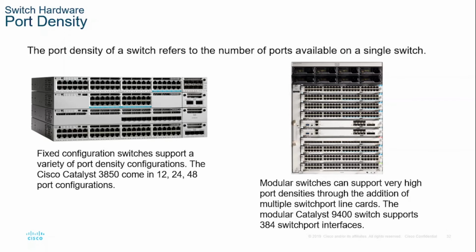The Cisco Catalyst 3850 comes in 12, 24, and 48 port configurations. And modular switches can support very high port densities through the addition of multiple switch port line cards. The modular Catalyst 9400 switches support 384 switch port interfaces. So these are the port densities, the number of ports available.